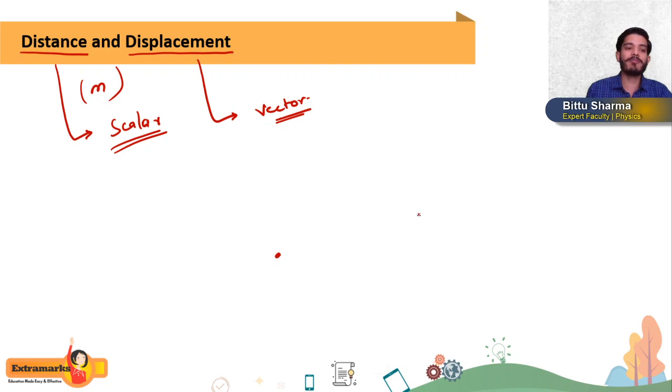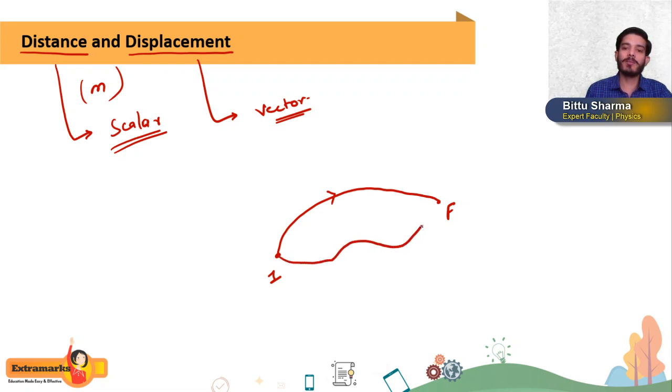Suppose, students, we have 2 points. This is the initial and this is the final point. Now we have 2 paths by which we can move from initial to the final point. Let us say path number 1 and path number 2 is a little bit more curvy.